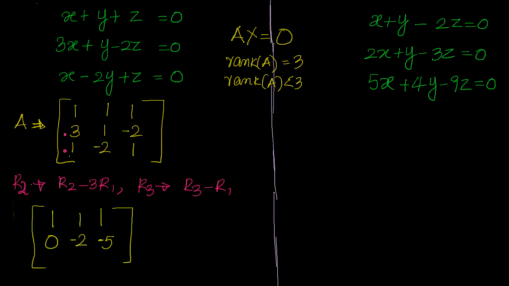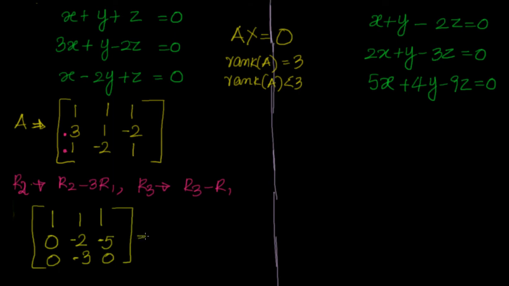Then let's look at the last one. We have R3 minus R1, so it becomes 0, minus 2 minus 1, that's minus 3, then 1 minus 1 makes it 0.